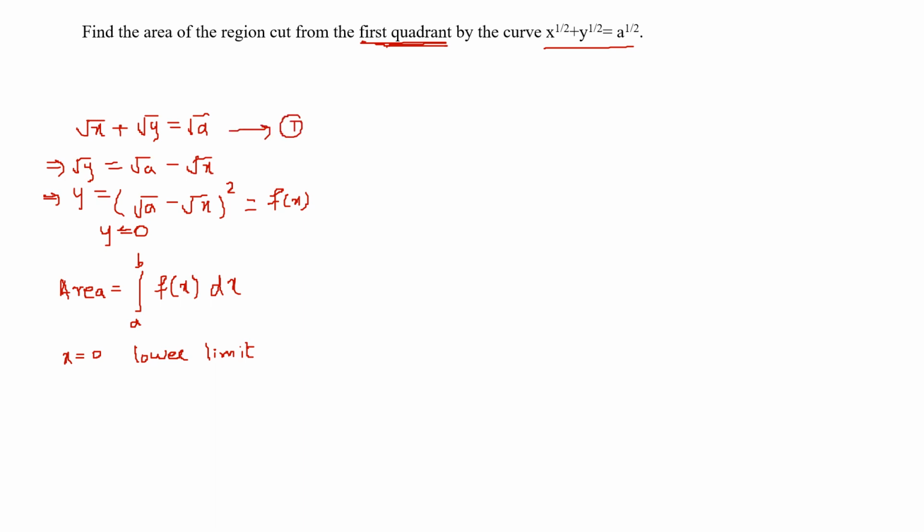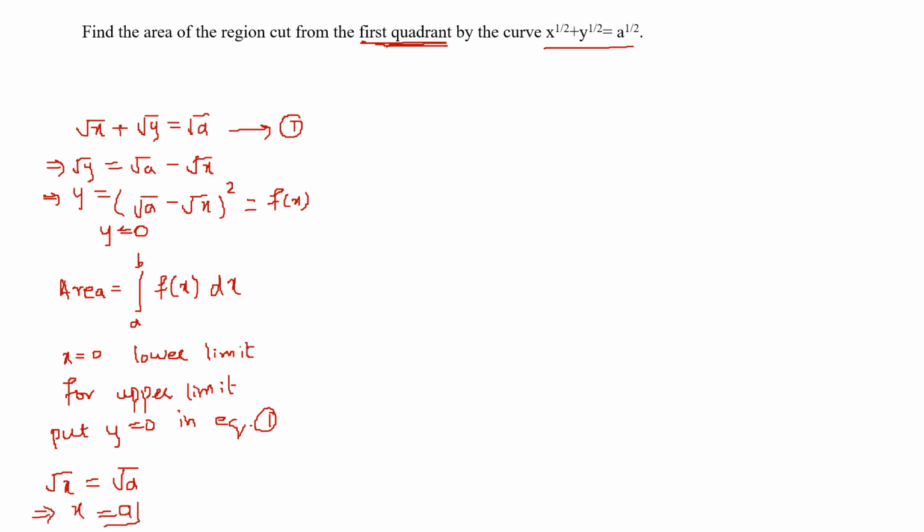For the upper limit we put y equals 0 in equation number 1, and we get square root of x equals square root of a. Squaring this equation gives us x equals a as the upper limit. So this is our upper limit and this is the lower limit of integration. So let's find out the area that is cut from this region.